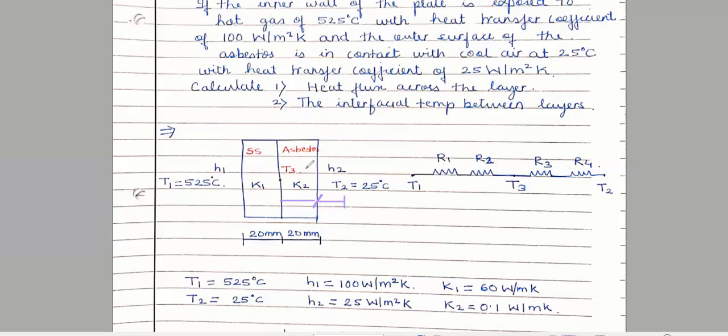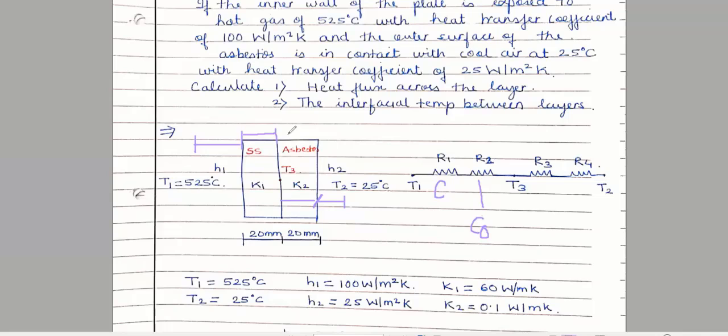Now the next point is, what are the types of resistance, whether it is a conductive resistance or a convective resistance. You should be in a condition to identify it, right? From here to here, this is air, so this is convective resistance. From here to here, a solid surface is there, so this is conduction.